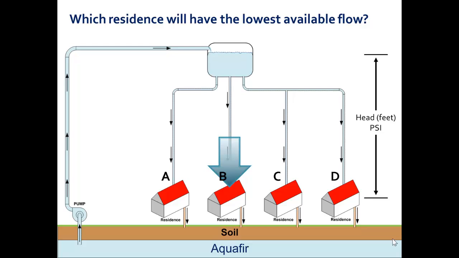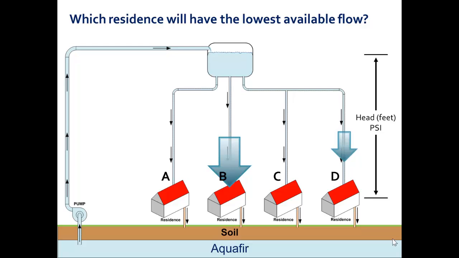Residents C and D, they share one common pipe coming out of the reservoir. So that means C and D are definitely going to be lower than A and B. Even though C is the same as A concerning pipe and distance, because it has to share the flow from one common downcomer with D, that puts C less than A. So which one would have the lowest available flow?